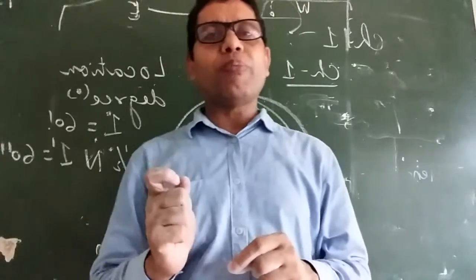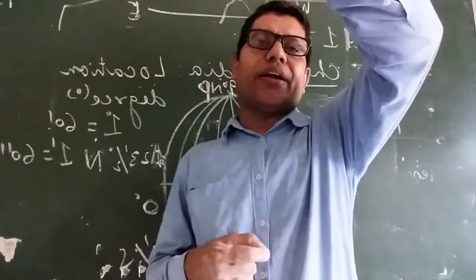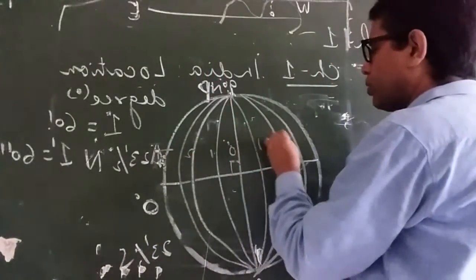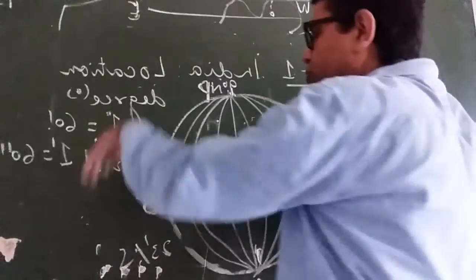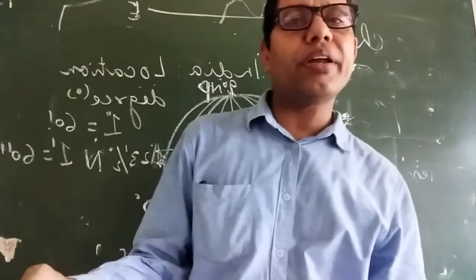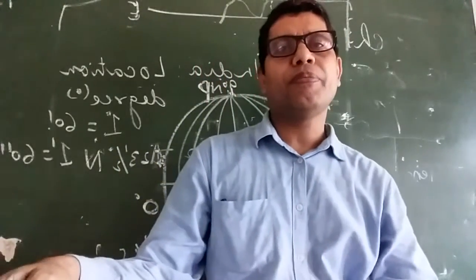So longitude will be a maximum of 0 degree to 180 degree. From this side also 0, 1, 2, and 0, 1, 2, 3. This way we will go and finally we will reach 180 degree longitude. That is the common longitude line.